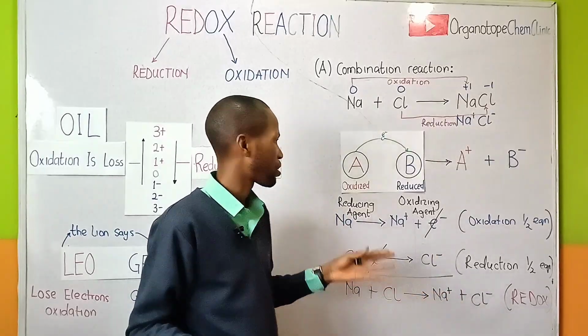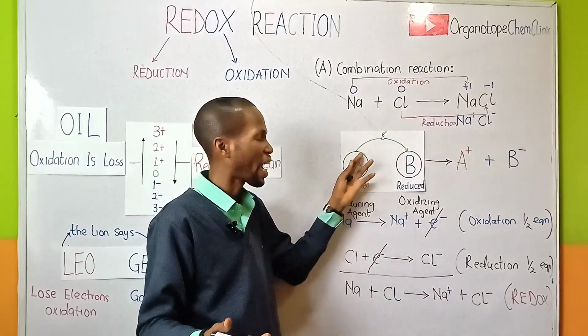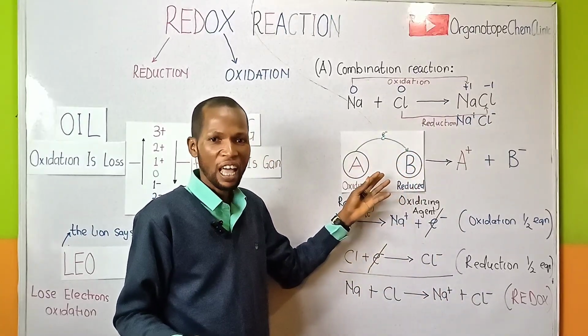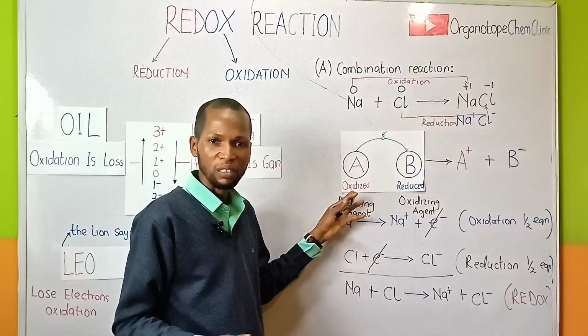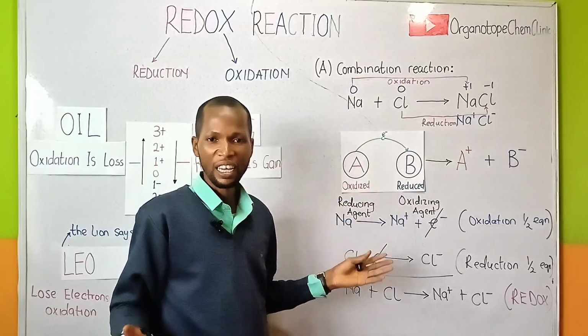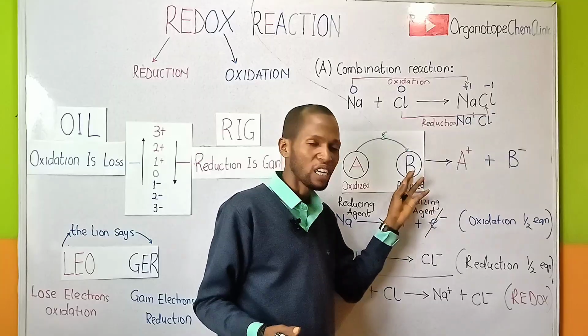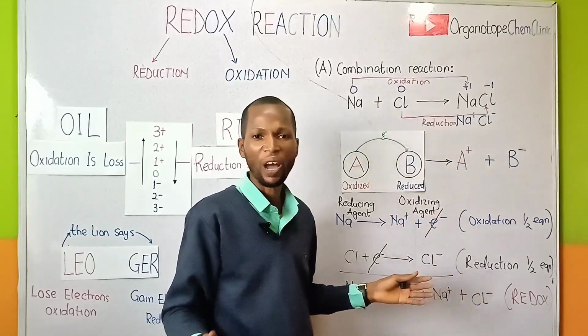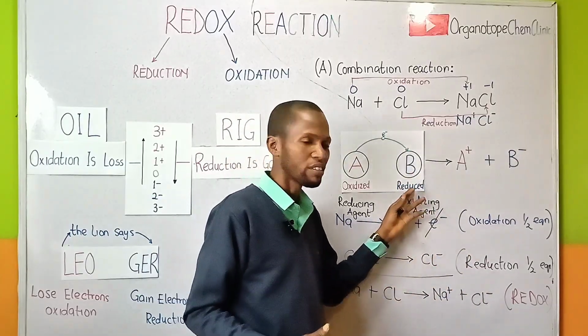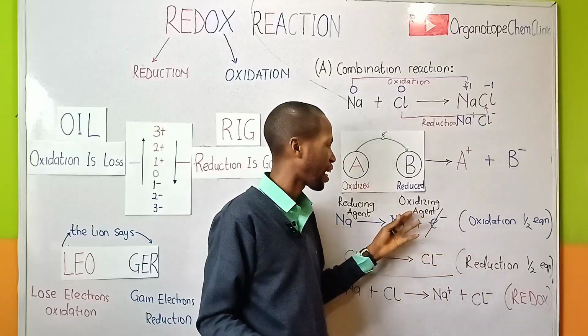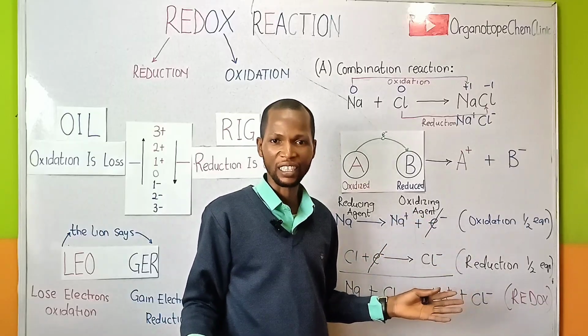Note that for exams, metals become oxidized when they lose electrons, and the oxidized metal is said to be what? A reducing agent. While non-metals become reduced when they gain electrons, and the reduced non-metal is said to be what? An oxidizing agent.